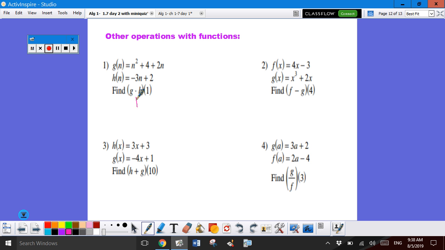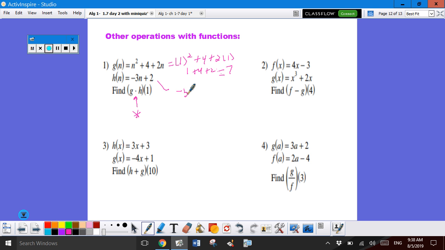Okay, so this one is multiplication. It's wanting me to substitute in 1. So let's go ahead and just put in 1 for these. So 1 squared plus 4 plus 2 times 1. So that gives me 1 plus 4 plus 2. That is a 7. So for g, I got a 7.